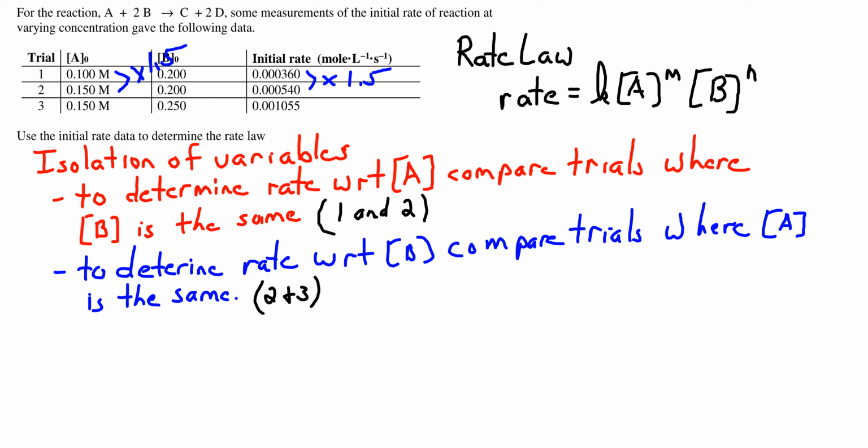So we know that the reaction is first order, or directly proportional, to the concentration of A. What is not immediately clear is how the reaction order varies with respect to the concentration of B.